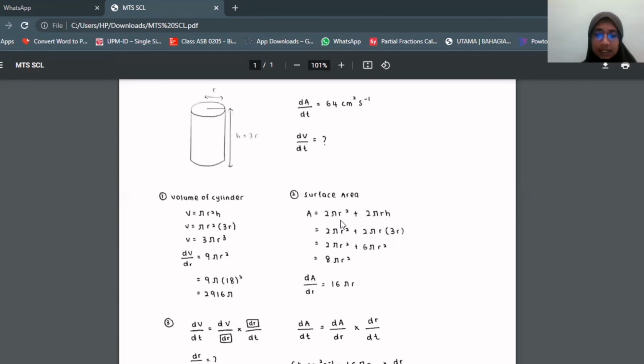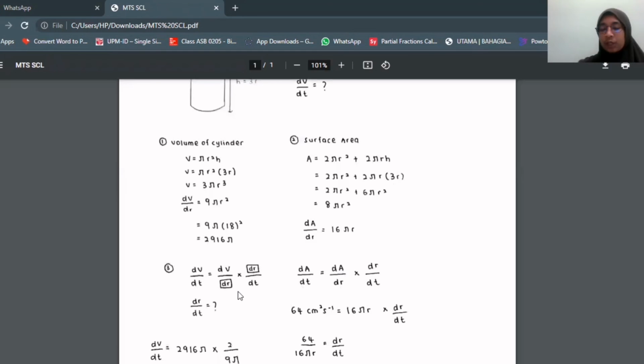Same goes for the surface area. This is the formula for the surface area. Same, we need to replace the h with 3r, and then we simplify. We differentiate the area with respect to the radius, and we get 16 pi r.